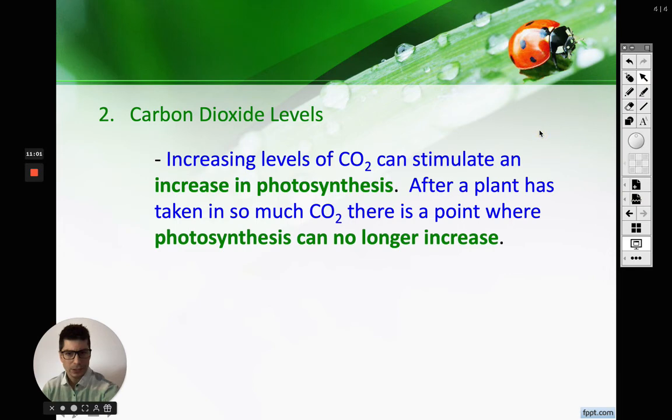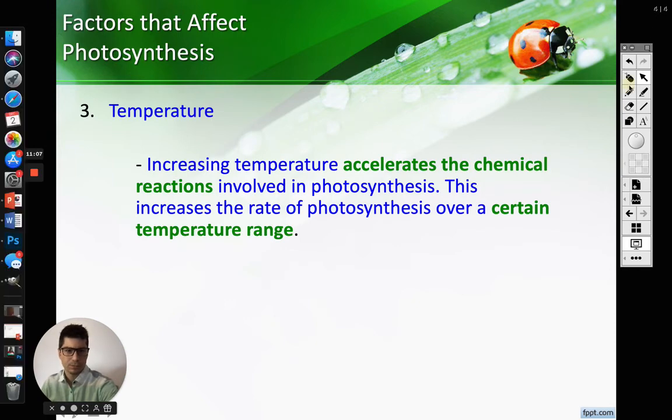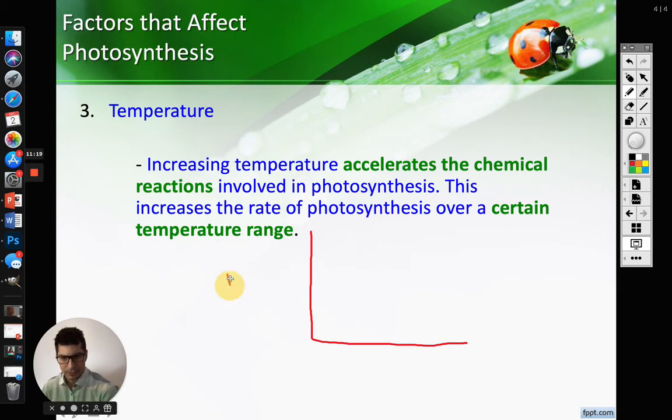And then our last one is going to be temperature. Now, temperature is a little weird. So I'm actually going to put some numbers in this graph. And given we are in Pennsylvania, I will use plants that are kind of like the ones we would see with temperature around here.